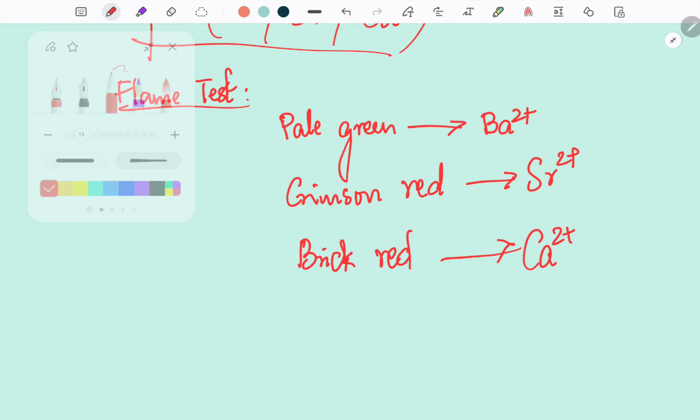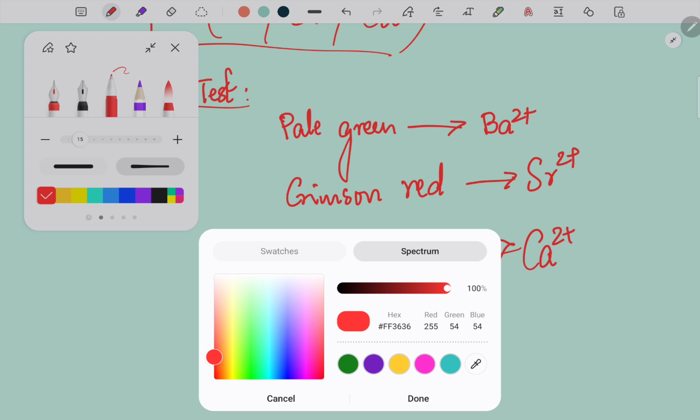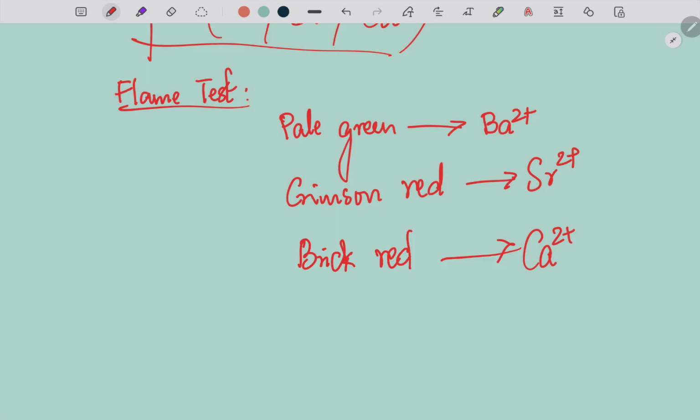Now I will try to show you the colors of the flame with the help of this spectrum that I have on my tab. So the pale green color would kind of look like this.